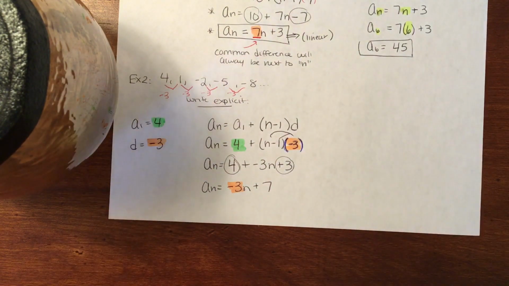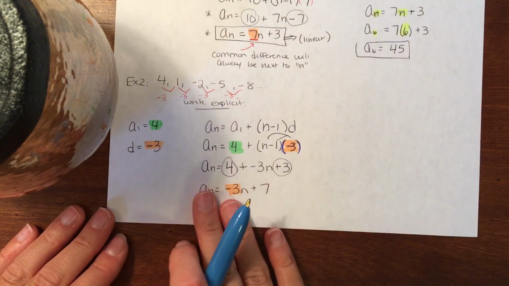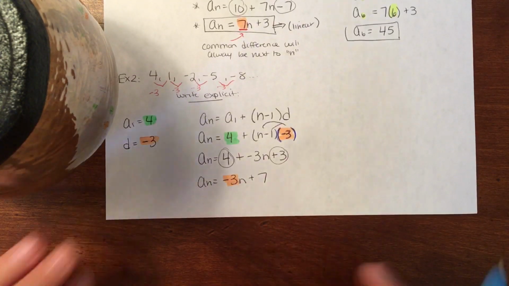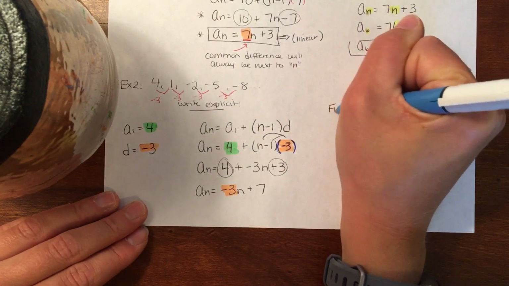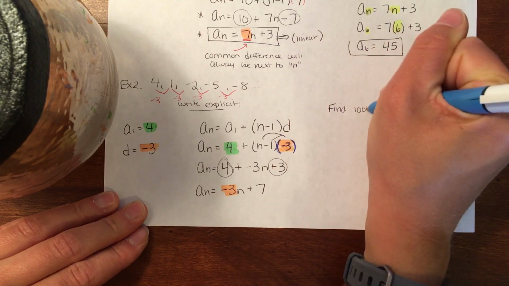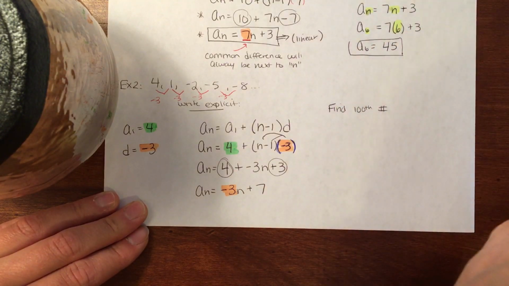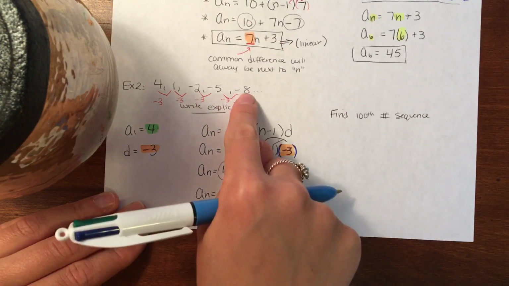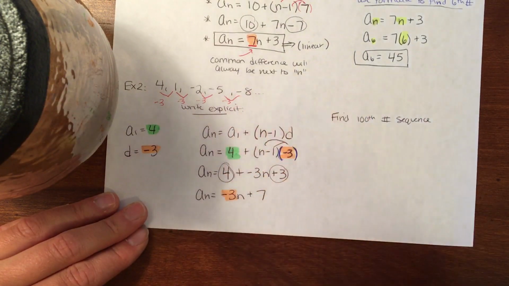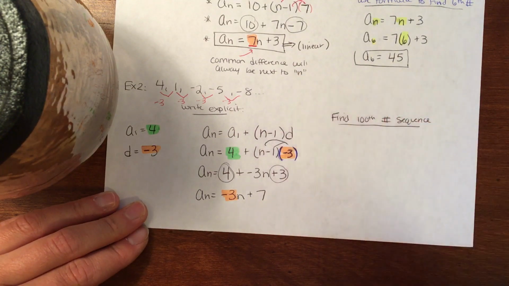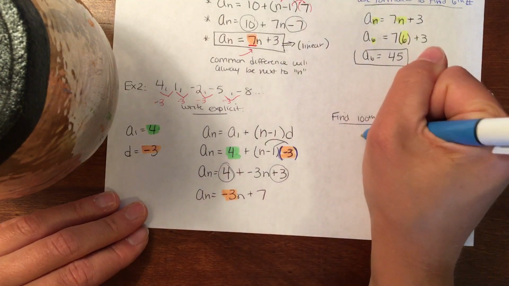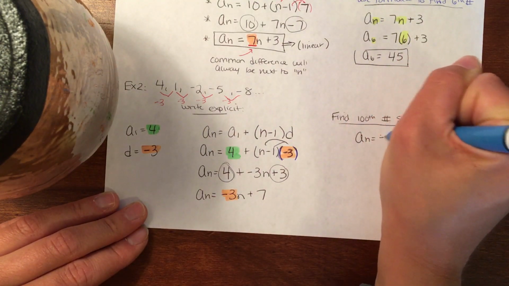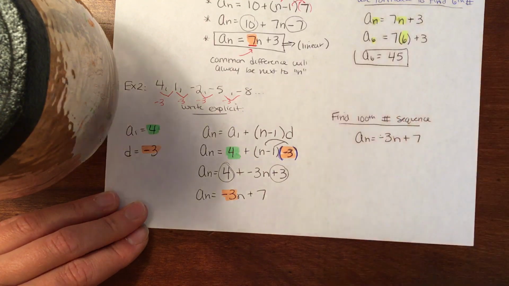All right. So now I'm going to prove to you why this is so nice to have explicit formulas. If I asked you to find the 100th number in the sequence, and you didn't have this formula, you would have to subtract 3 100 times. That would be a real giant pain. But now that I have this formula, I'm going to rewrite it, -3n plus 7.